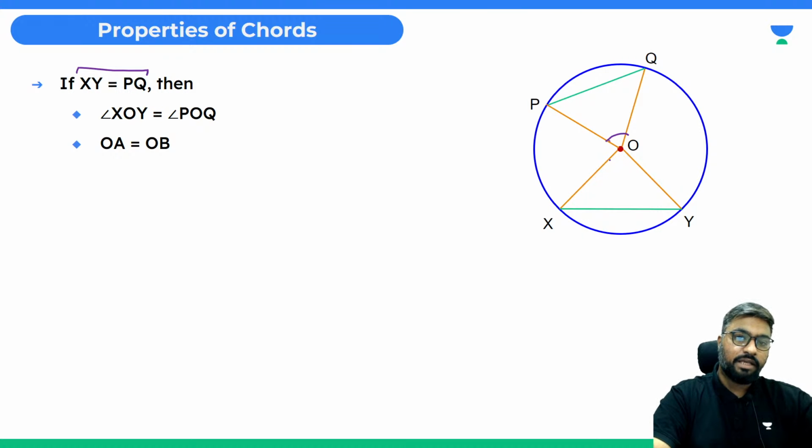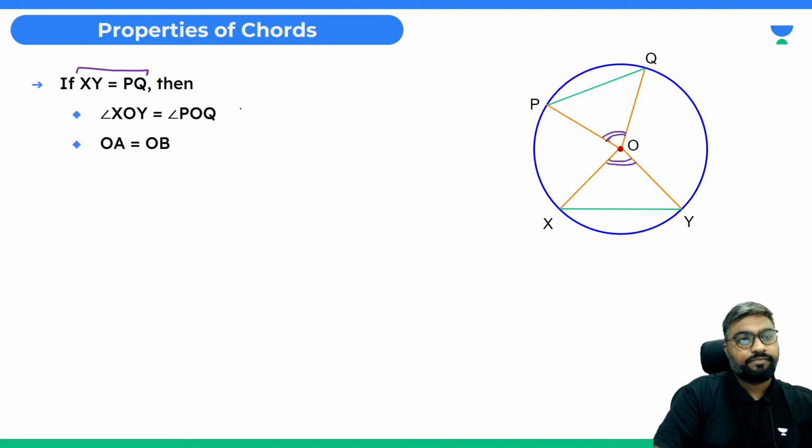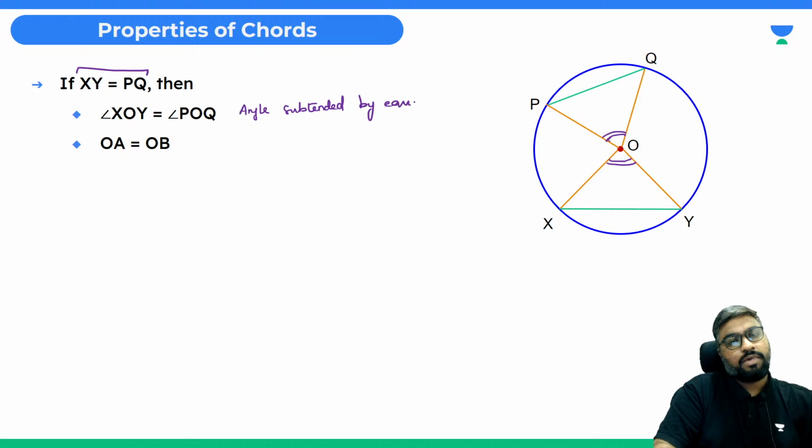This angle will be equal to this angle. Angles subtended by equal chords are equal.